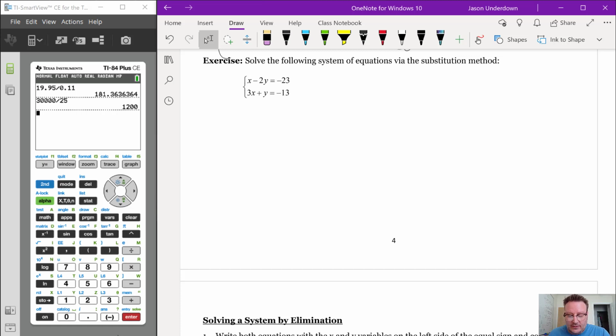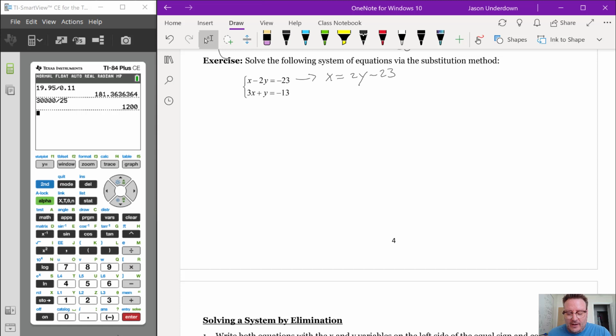Another exercise. Solve the following system of equations via the substitution method. Let's see here. I'm going to solve the first equation for x. So this first equation is equivalent to saying x is equal to 2y minus 23. I obtain that equation by just adding 2y to both sides of the equation.